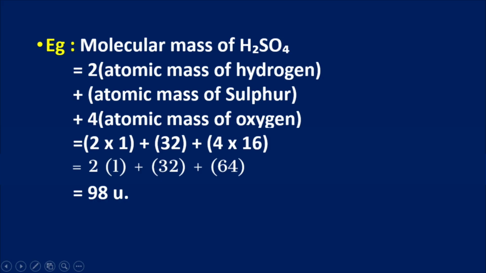Substituting the value from the atomic masses chart, 2 into 1, atomic mass of hydrogen is 1, plus 32, plus 4 into 16. Total is 98 U. This is the molecular mass of sulfuric acid. Children, you can take some more examples and practice the molecular masses.